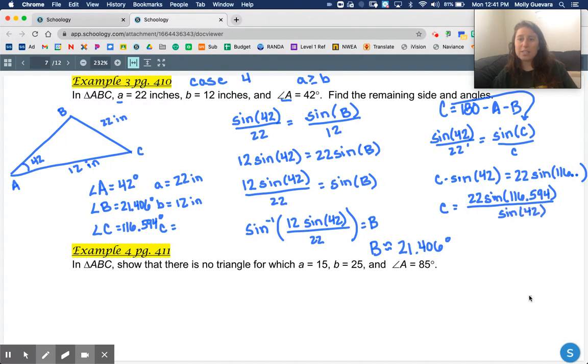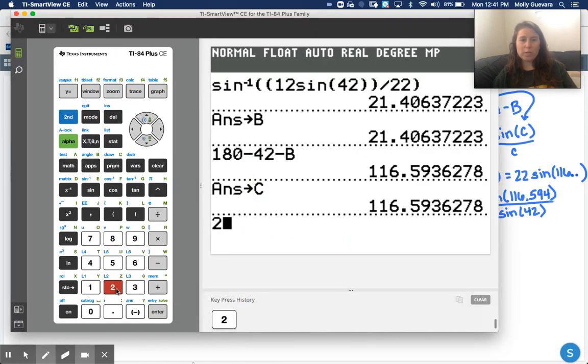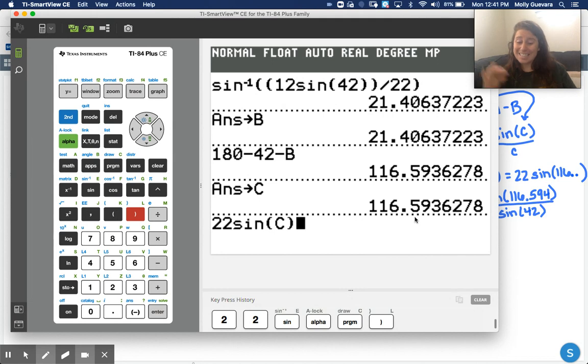And when I enter this into my calculator, I am going to be very careful about using the value of C here. So watch what happens. So I'm going to do 22 sine of alpha C. So now it's taking this number and it's using the exact number. It's not rounding. Okay.